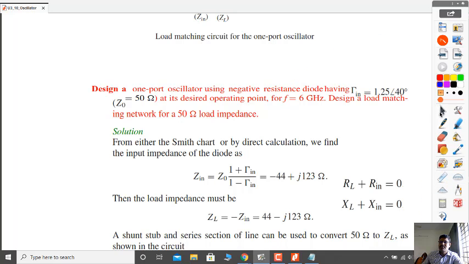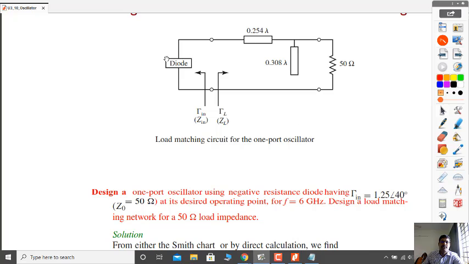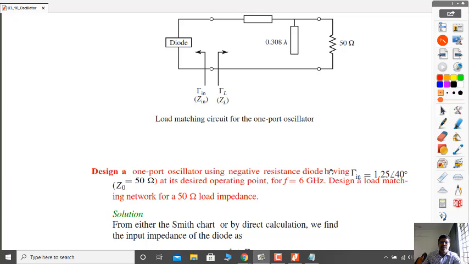Then the device is the diode, and we have to make the biasing to operate the diode in the negative resistance region.